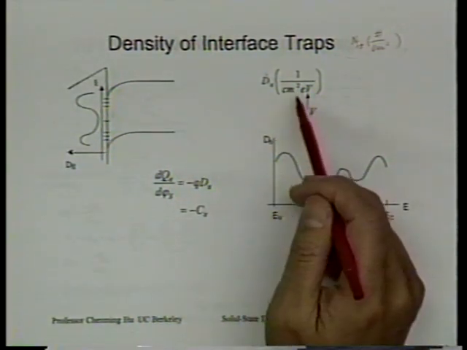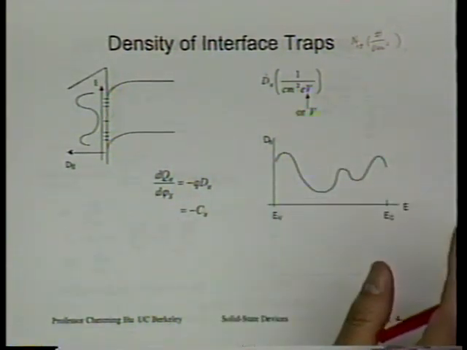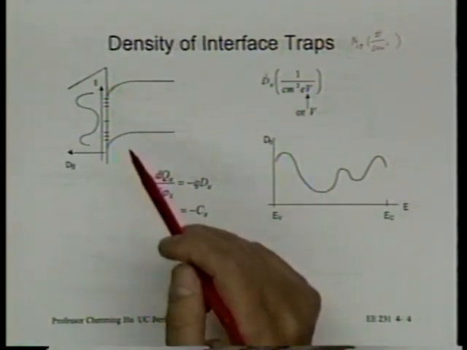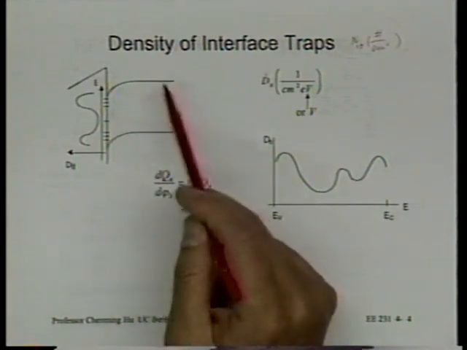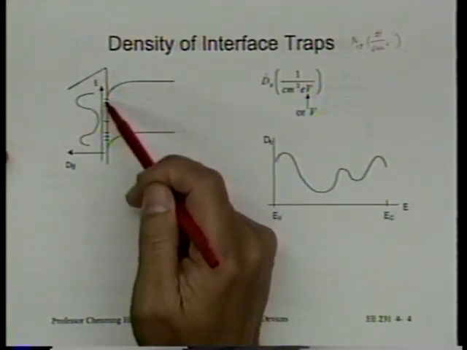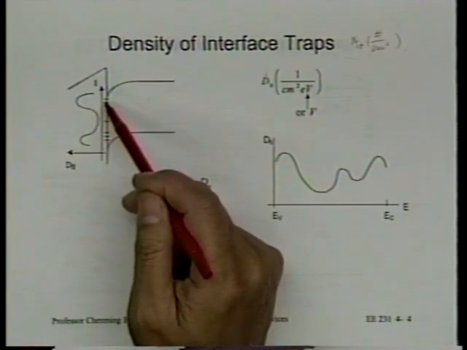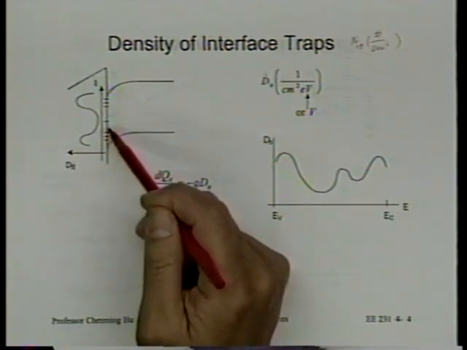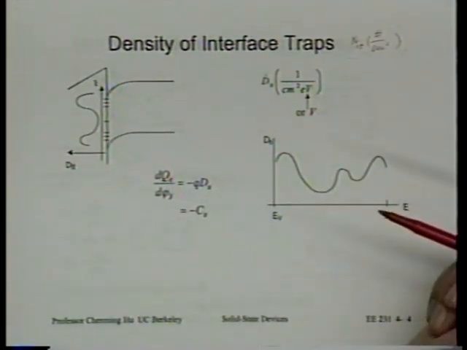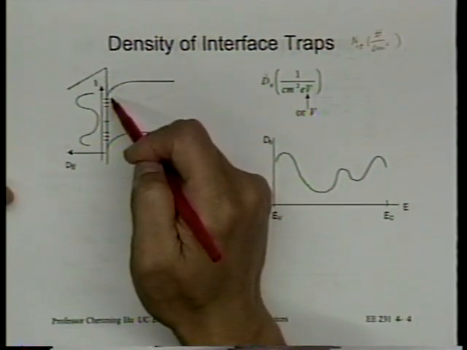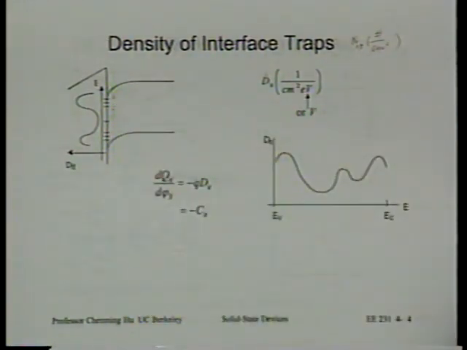The per centimeter squared part is trivial. We're not talking about that. What's the per eV part? Go back to this arrangement diagram again. Think that there are many, many states. Imagine these are discrete interface traps, interface levels, energy levels. Then we can definitely count the number of interface states per unit eV.